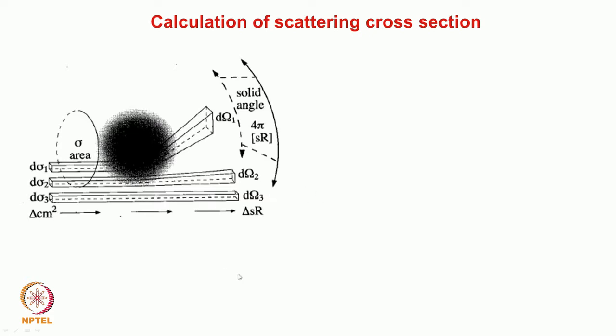So, for the total scattering cross section, we have to integrate over the full area, considering each point and then adding them together. That is equivalent to integrating over the full area of the sphere.